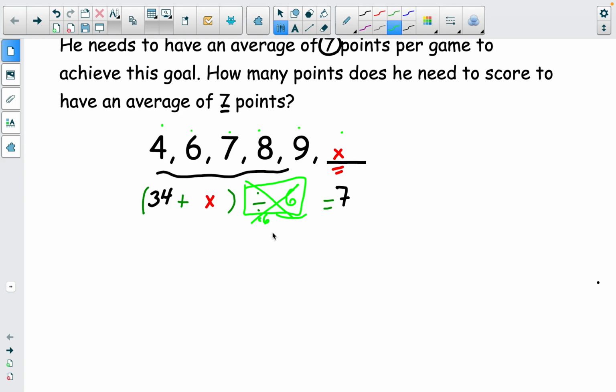I must remember the me too rule. If I multiply by 6 on the left side of the equal sign, I must multiply by 6 on the right side. When I do that, I'm going to bring down 7 times 6 is 42, and then I'll rewrite my equation.